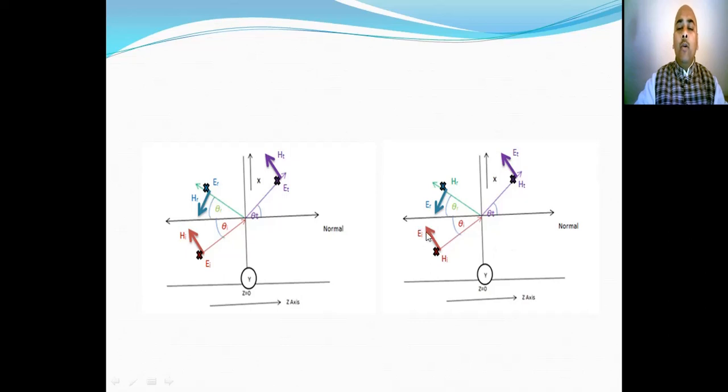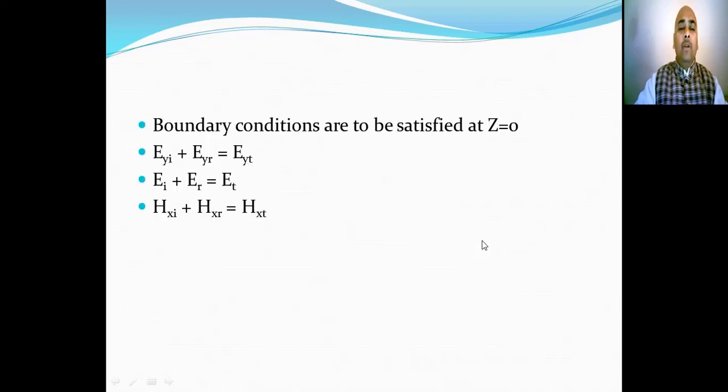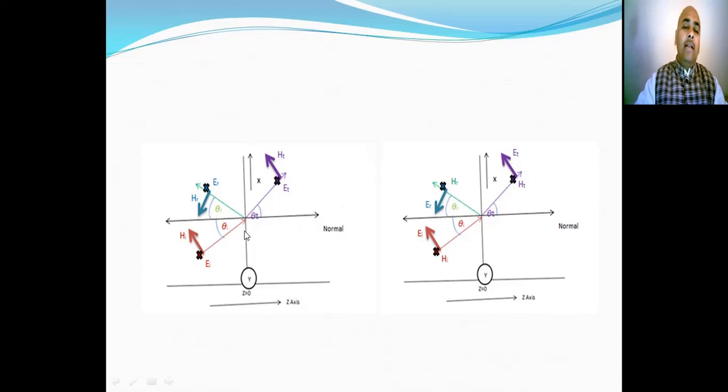The component of E along the x direction, that is the E_i x component, will be tangential to the boundary at the interface. So, applying boundary conditions at the interface, the tangential component of the electric field as well as the tangential component of the magnetic field are the same.